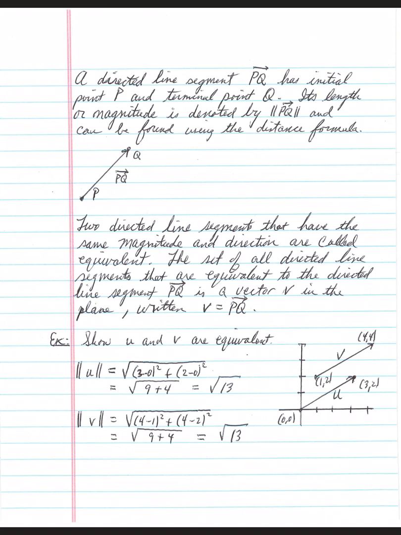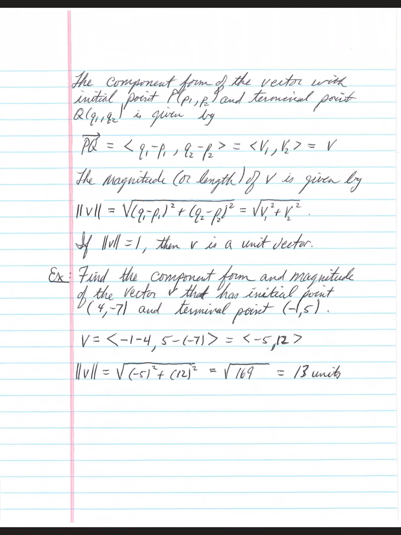And then we check vector V and get its magnitude. So we have the square root of y2 minus y1, x2 minus x1. You take the difference in your x's, square it, the difference in your y's, square it, add them together, and we get square root of 13. So these two vectors have the same slope and they have the same length or magnitude.